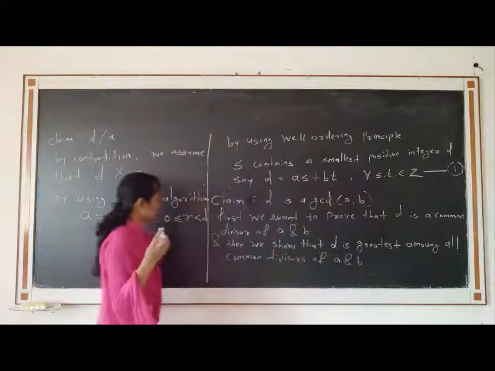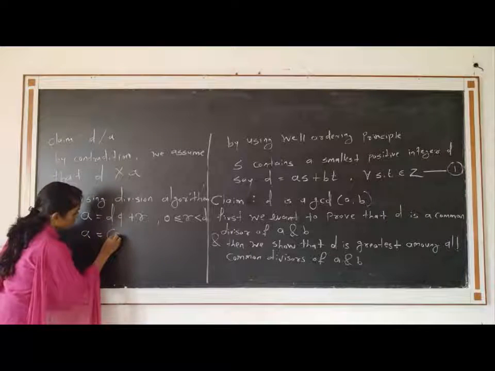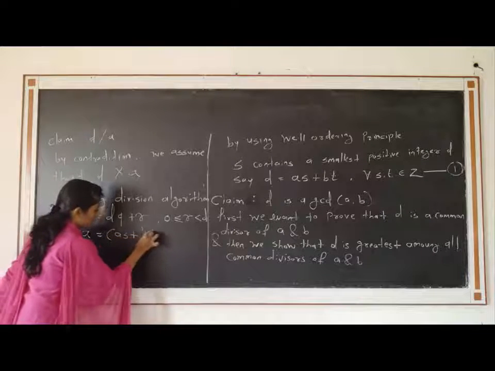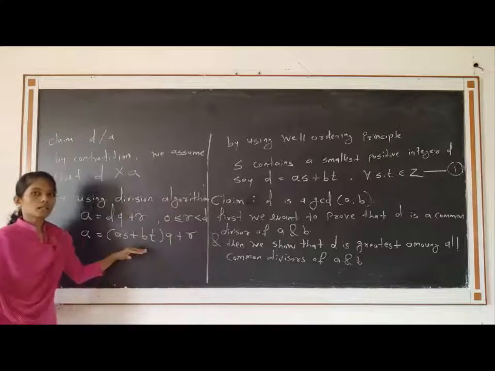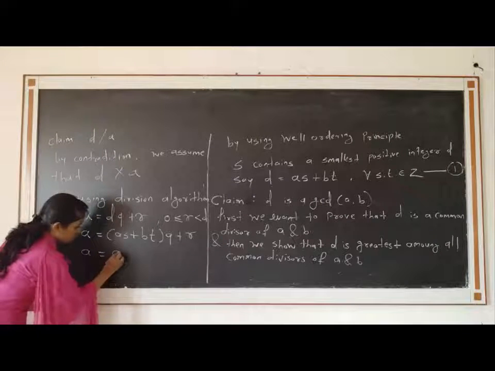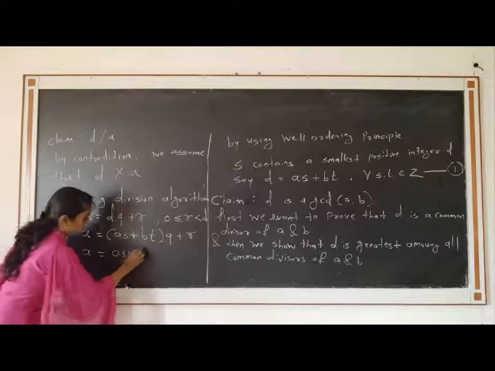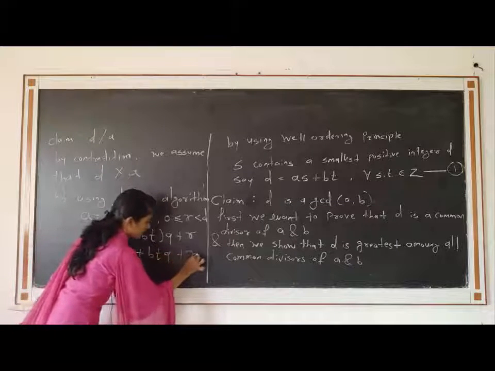Substitute this equation here. So we get A is equal to (AS plus BT) times Q plus R. Now simplify this equation. So we get A is equal to AS times Q plus BT times Q plus R.